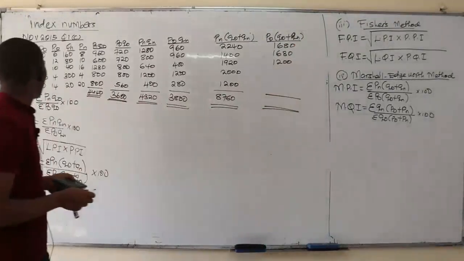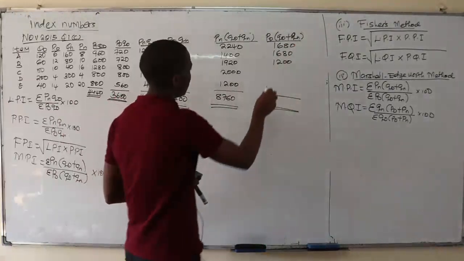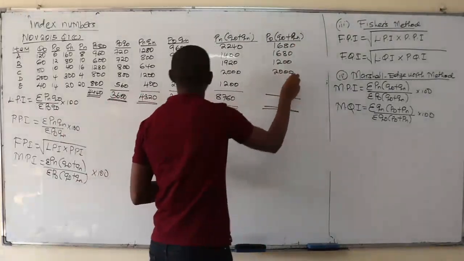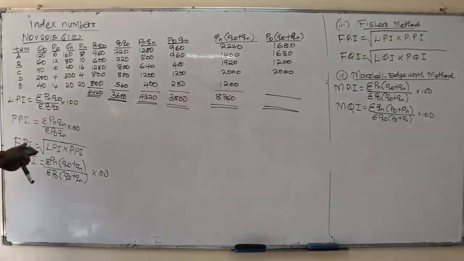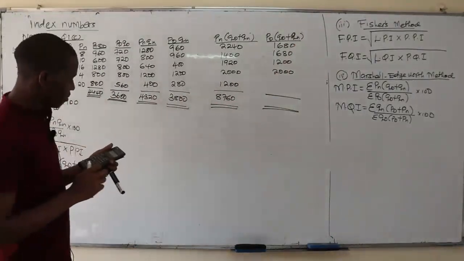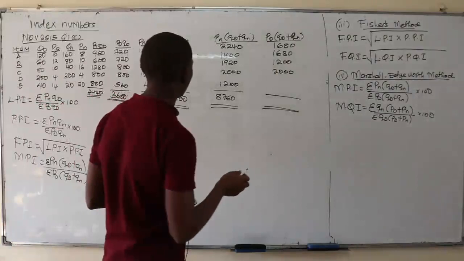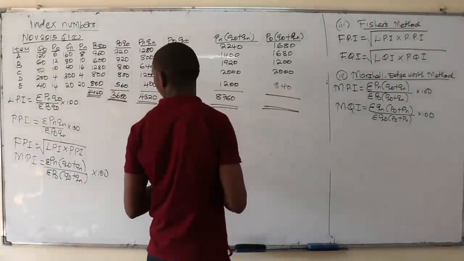Then we have 200 plus 300, that is 500. You multiply by 4, which is 2000. Then we have 40 plus 20, which is 60. You multiply by 14, which is 840.